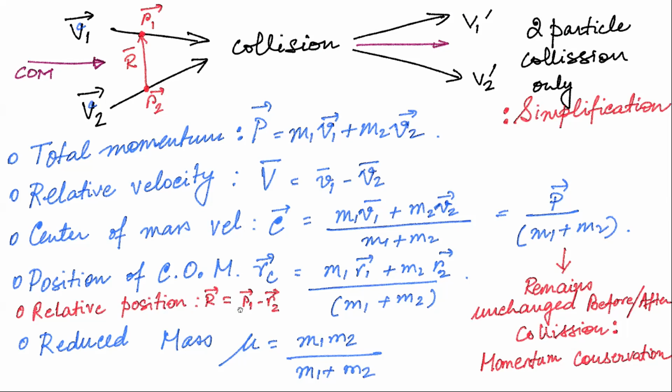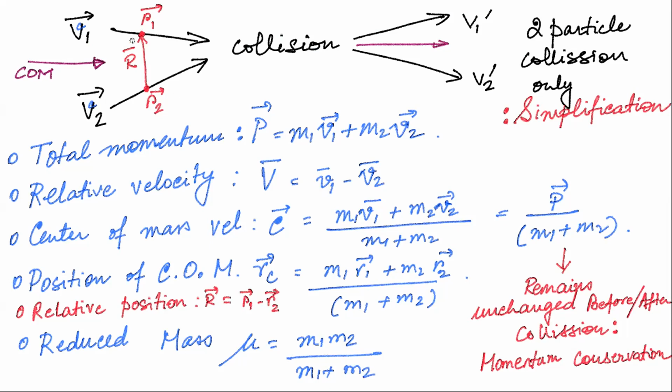Moreover, the relative position can be written in terms of r1 minus r2. So if it's r1 minus r2, then this vector should point in this direction. No, this is in the right direction actually.